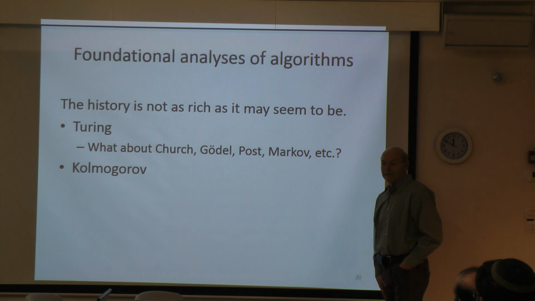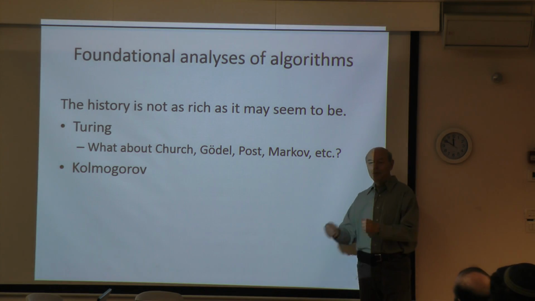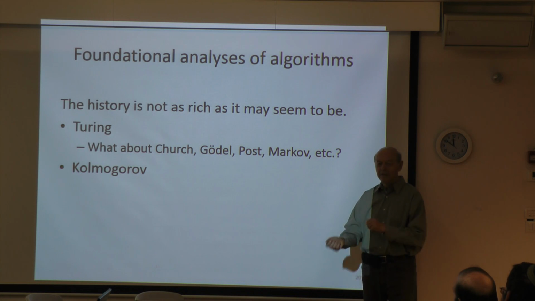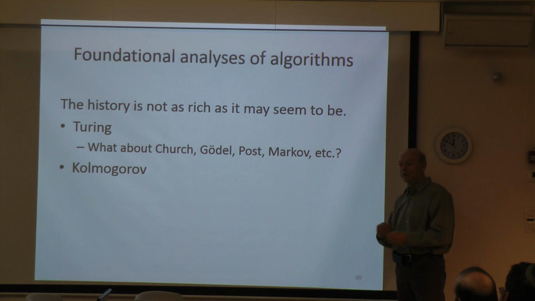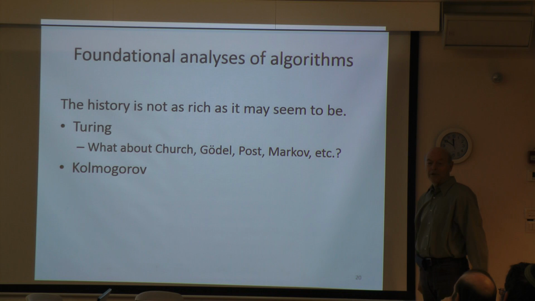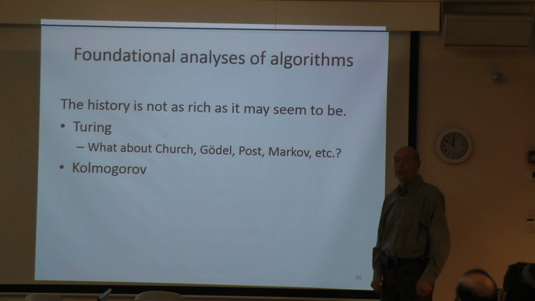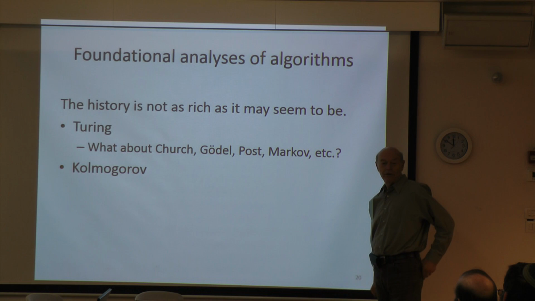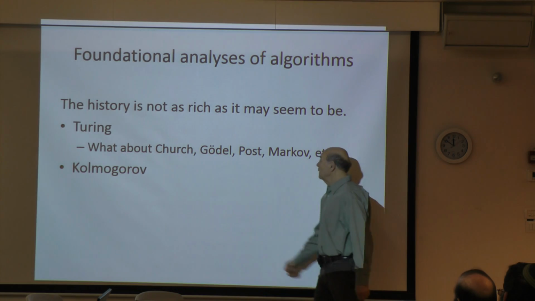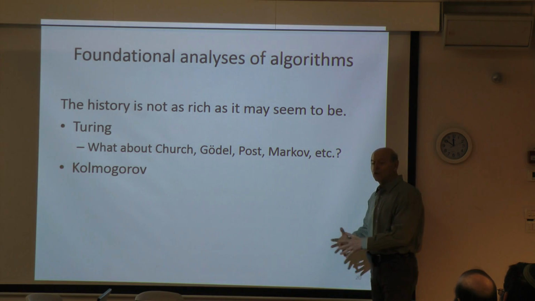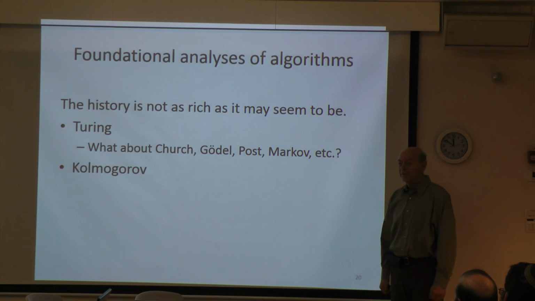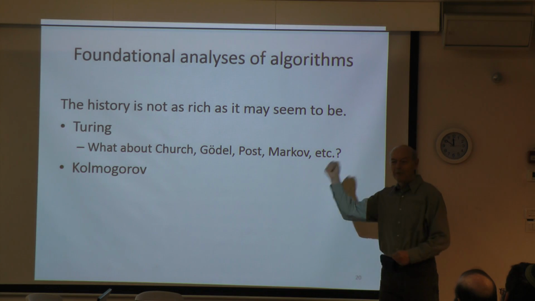Then he and Kleene proved equivalence between the lambda calculus description of computable functions and recursive functions. As Moshe mentioned, it was all about computable functions, what's computable, not about algorithms. At least for Church and Gödel. And then Church was courageous enough and he published his conjecture.